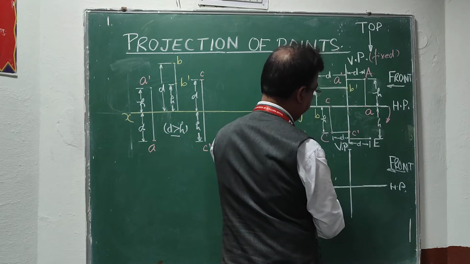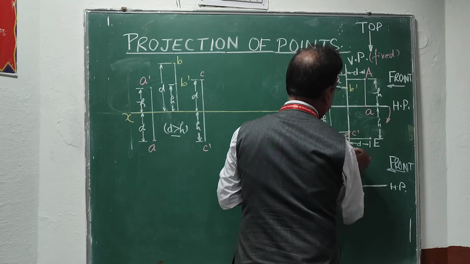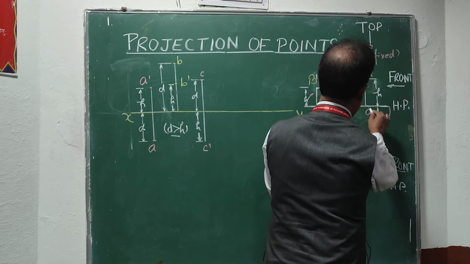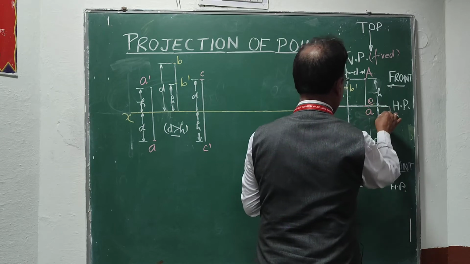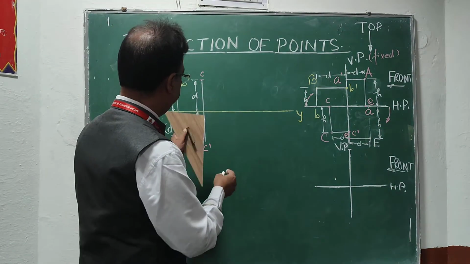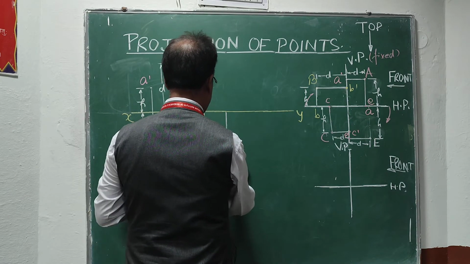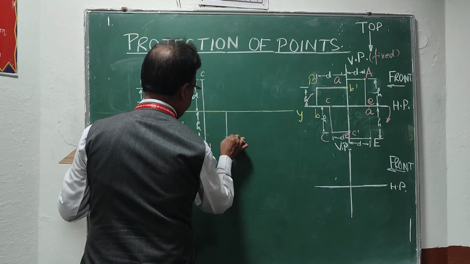The intersection will be point small e dash, and a perpendicular from this on the HP will be small e. Now the rotation will be downside, so e dash and e both will be below the reference line. So this point will be e dash and this will be e.